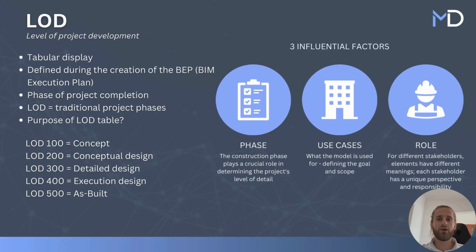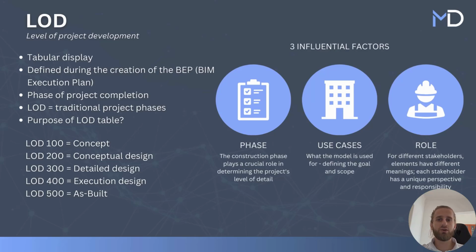LOD is compared to the phases of designing. We will say that LOD 100 is a concept idea solution, where we will not include many details during the design, while LOD 300 will bring us more detail.